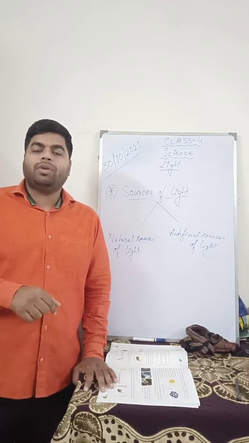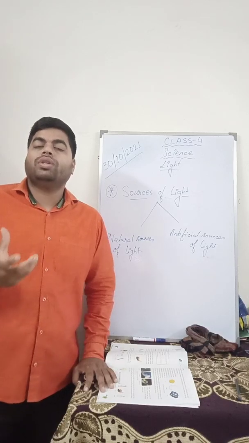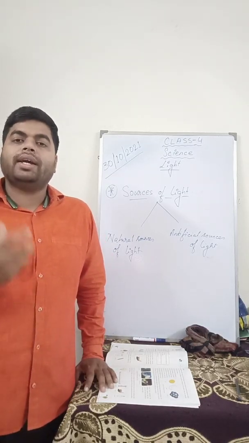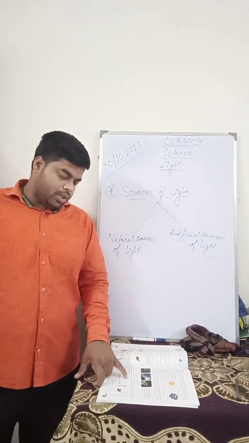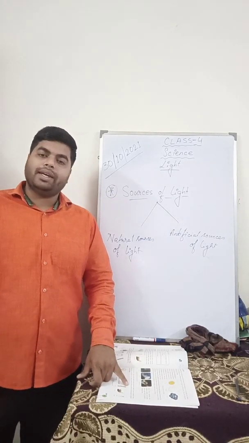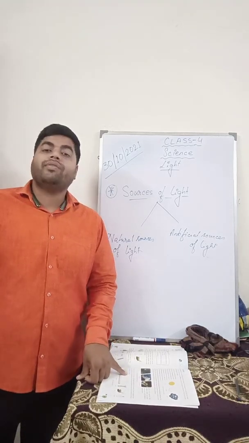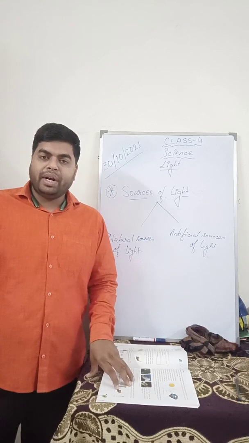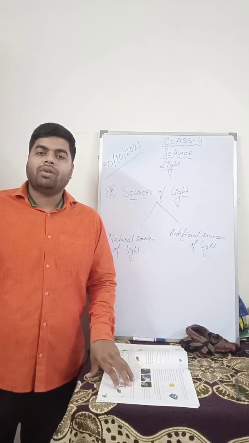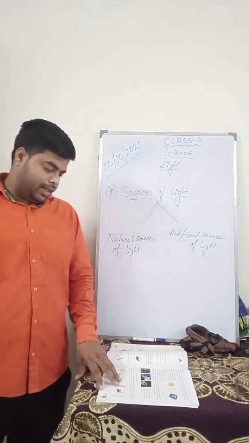Electric bulb, tube lights, torch, lamp, candle and laser lights are some examples of artificial sources of light, made by human beings so that they can create light.